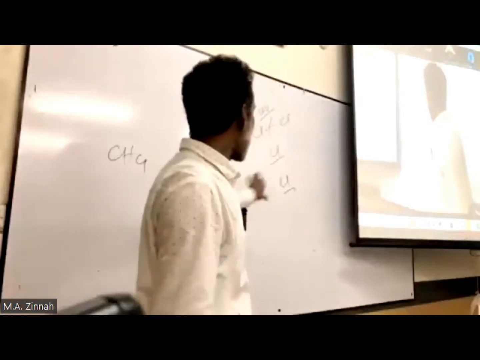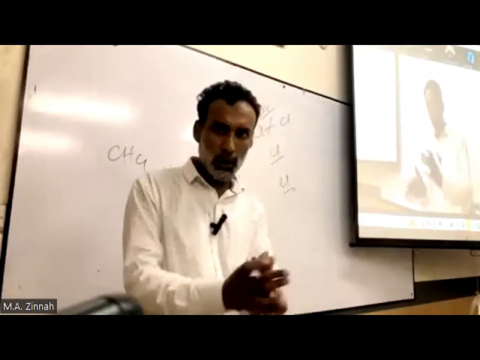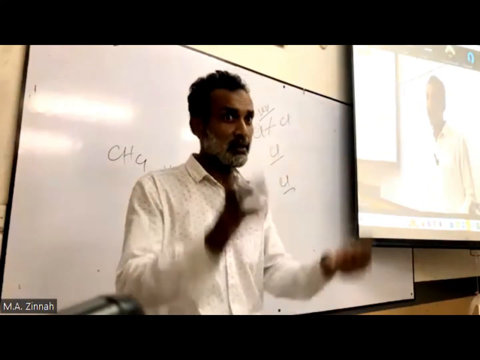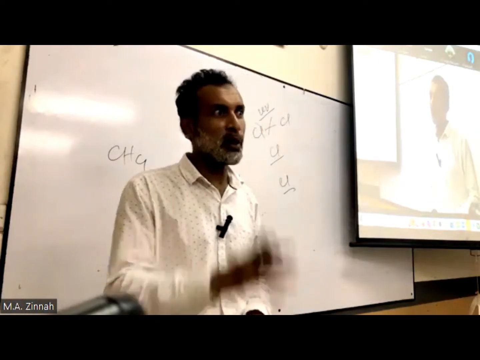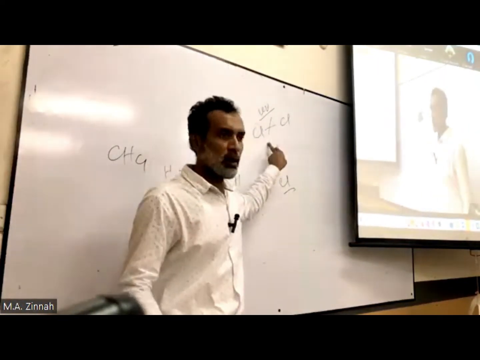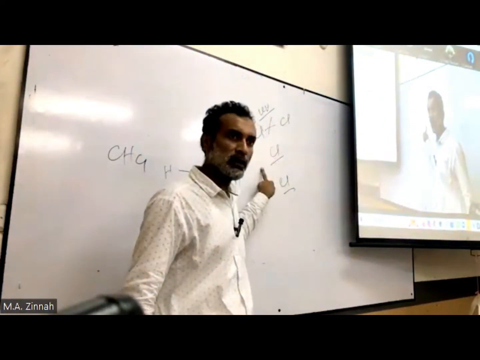Okay? If you mix them together, this means methane and chlorine gas mixed together and put the mixture in sunlight, then there will be the reaction. What happens? First, the sunlight will break the bond, the chlorine-chlorine bond, and that will produce 2 chlorine atoms. Clear?